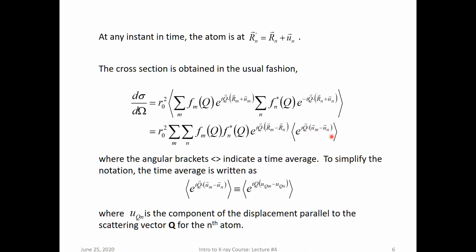It'll be easier later on to rewrite this thing as the magnitude of Q times the difference of this quantity here, where U sub Q is the component of U which is parallel to Q. So the dot product is already buried in here. The advantage is that this gives me a scalar quantity. I don't have to do vector algebra anymore. That'll help a lot. So U_Q is the component of the displacement of the atom which is parallel to the scattering vector.